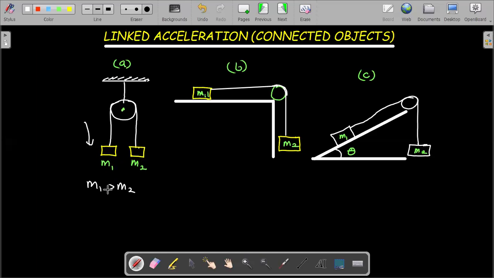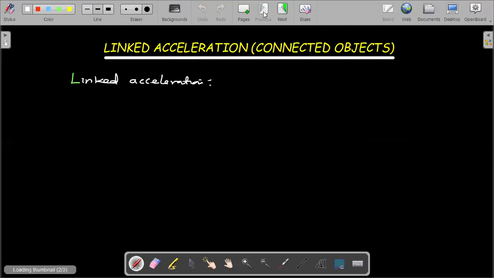So M1 accelerates downward while M2 accelerates upward. However, the two accelerations will be the same. So that is a linked acceleration. The acceleration of mass M1 is the acceleration of mass M2. So that's the first concept, the concept of linked acceleration.